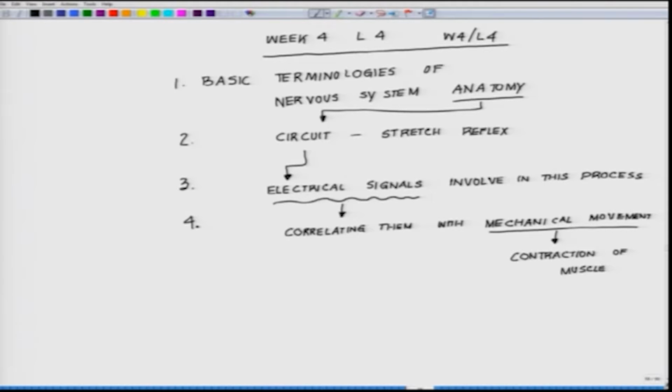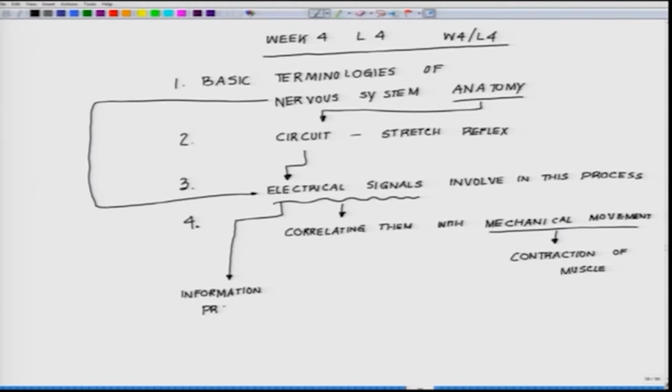Apart from it, talking about these electrical signals, we will talk about this electrical signal in a different context, totally different context, which is of course nothing to do with stretch reflex, which will be information processing. When I am using the word information processing, this is happening in this simple circuit too.